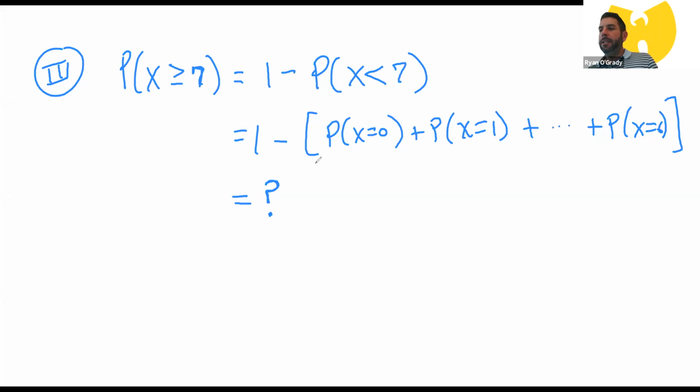I would imagine if you just Googled Poisson calculator, you'd find one. Yeah. I just found one. I literally Googled Poisson calculator and I found one.